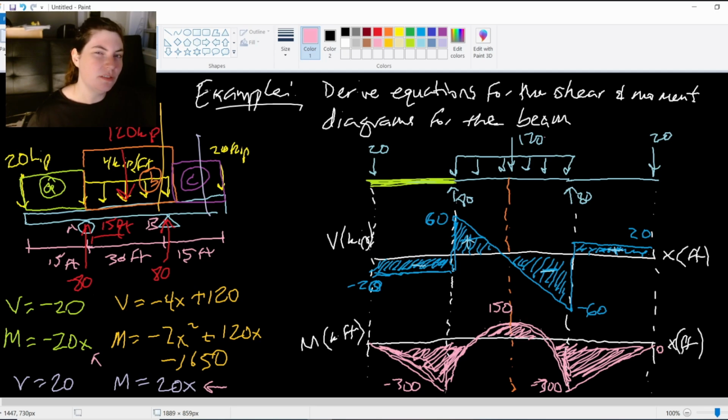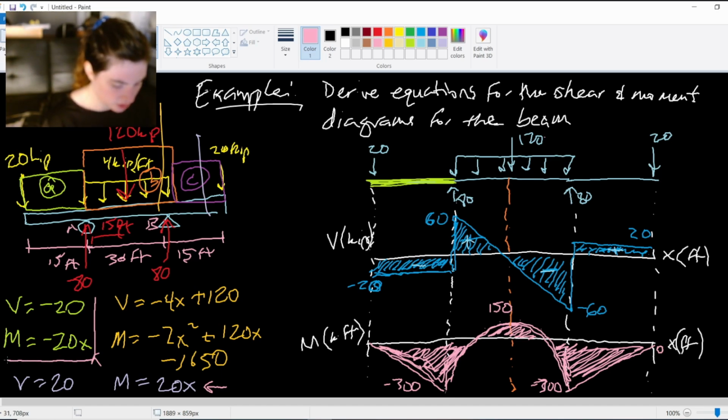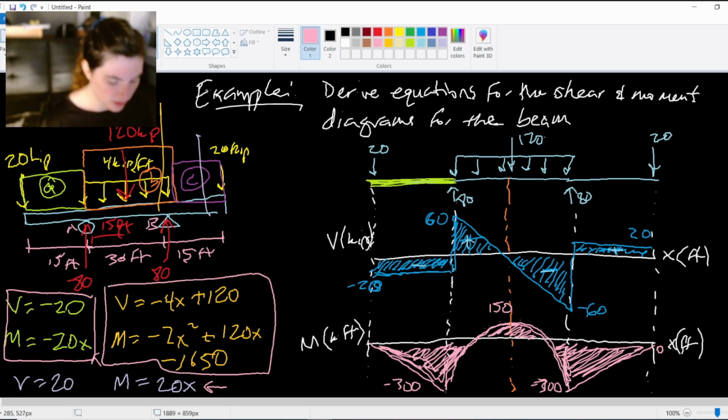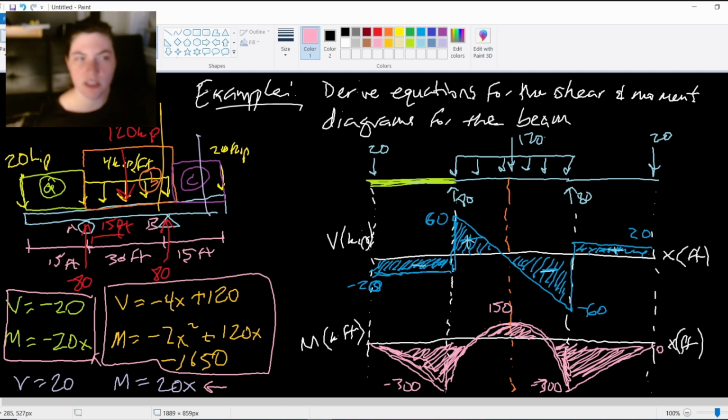Now, you might have noticed something really interesting as we were progressing through this. We look at each of these pairs of equations that we've created, and you might have noticed that they have a relationship with each other, in that if you take the derivative of the moment, you end up with the shear.